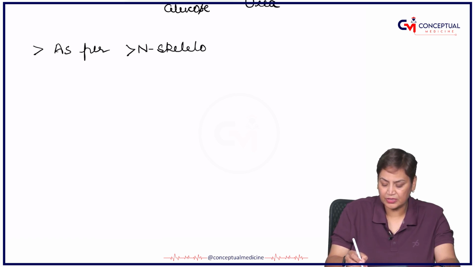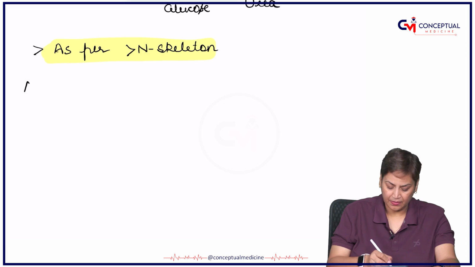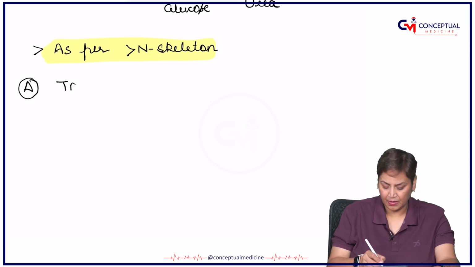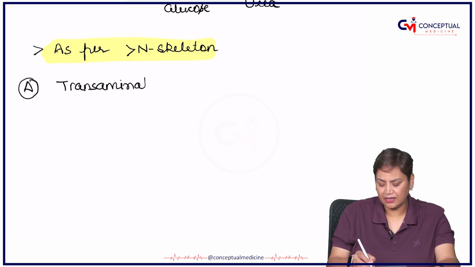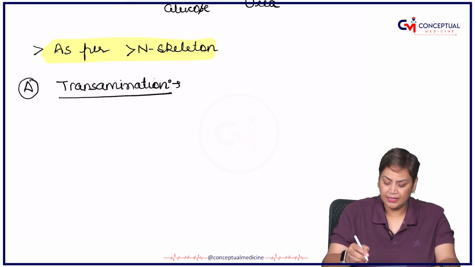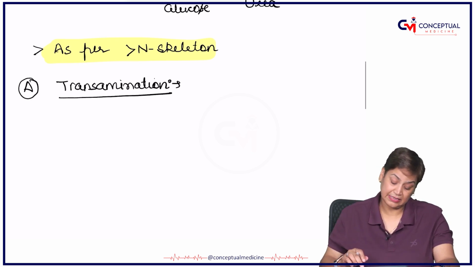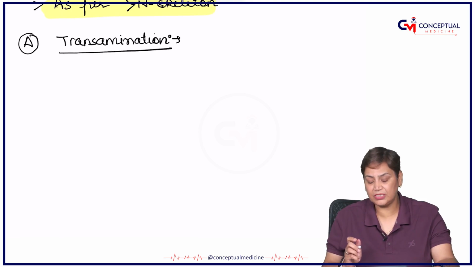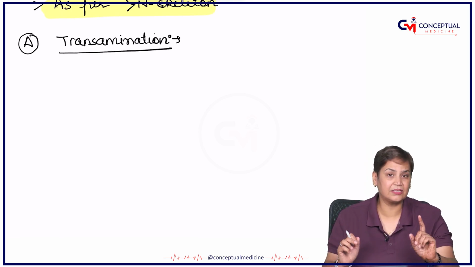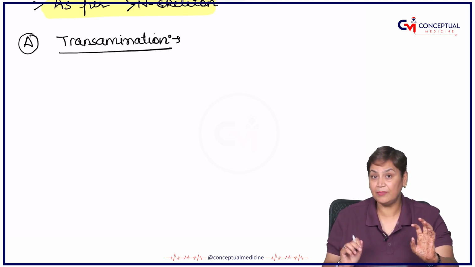So the first process here is transamination. Right? Now, transamination, as the word says, there is transfer. Transfer of what? Obviously the amino acid, because here we are basically only focusing on the amino group.